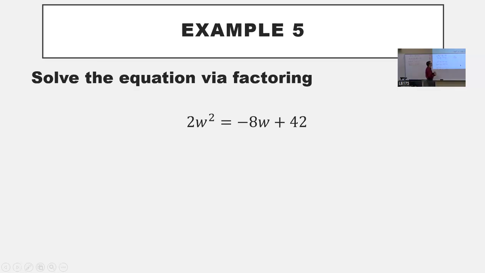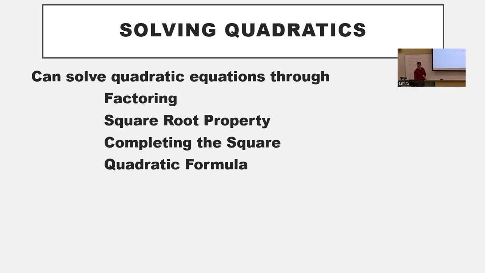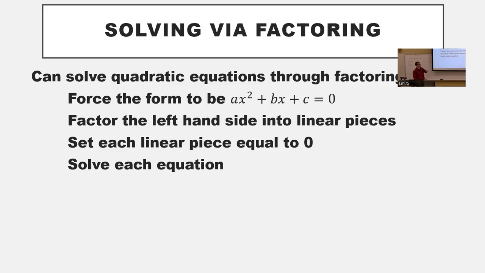Now, there are other factoring techniques that can deal with leading coefficients that aren't 1. When the lead coefficient is 1, we need numbers that multiply to our c and add to our b. Does that make sense? You guys know what I mean by multiply to c, add to b?